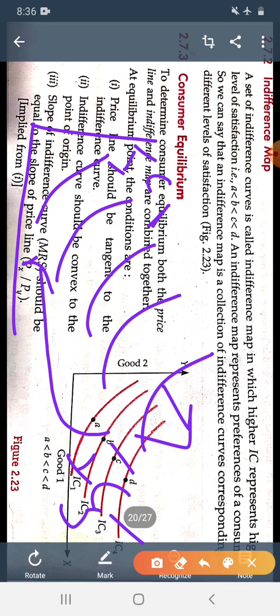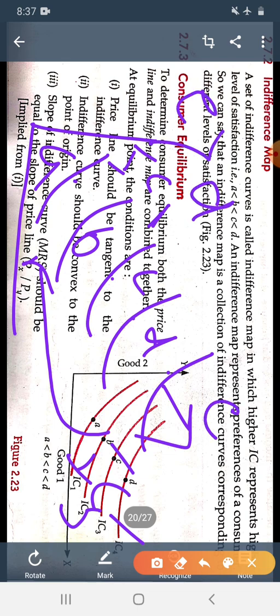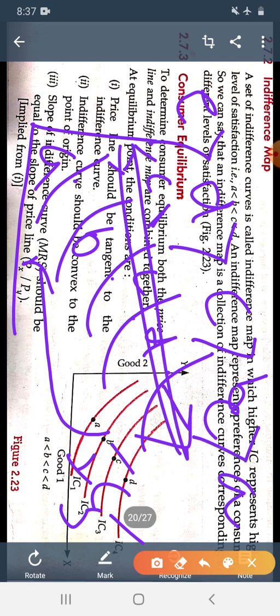So when we name them A, B, C, D and E, E gives more satisfaction than D, D gives more satisfaction than C, C gives more than B, and B gives more than A. So the curve at the far right gives more satisfaction compared to the other ICs to its left.